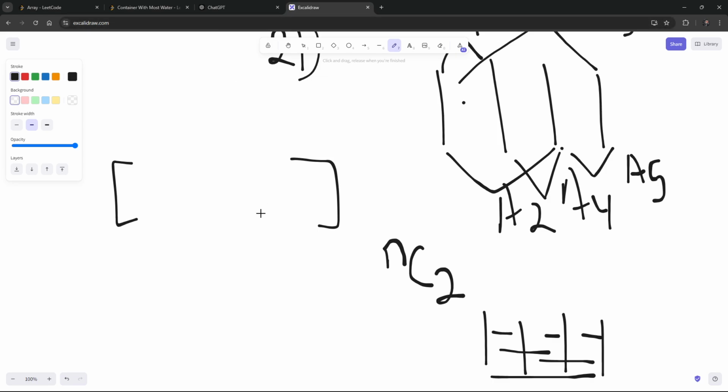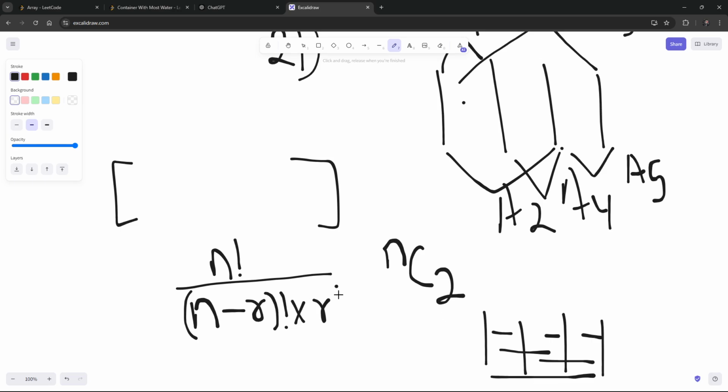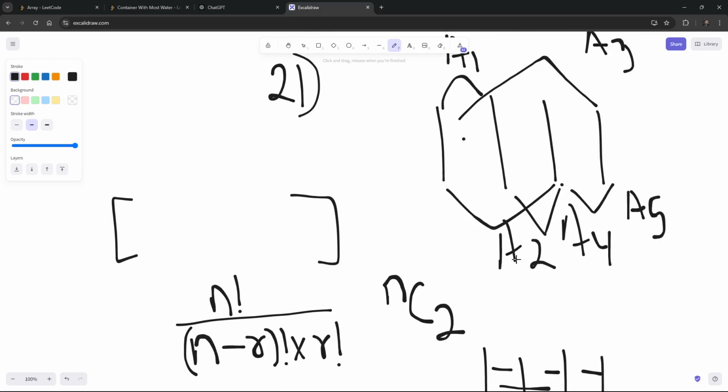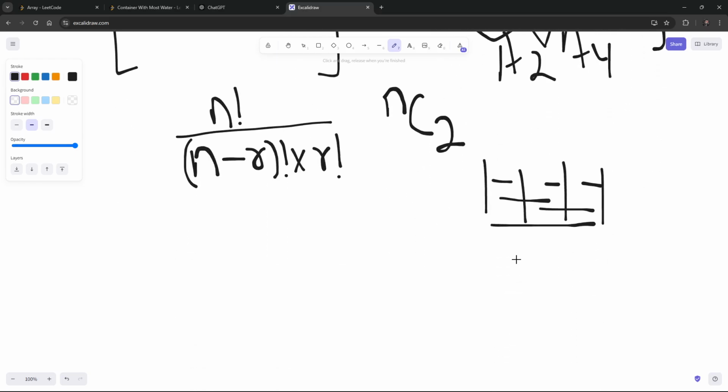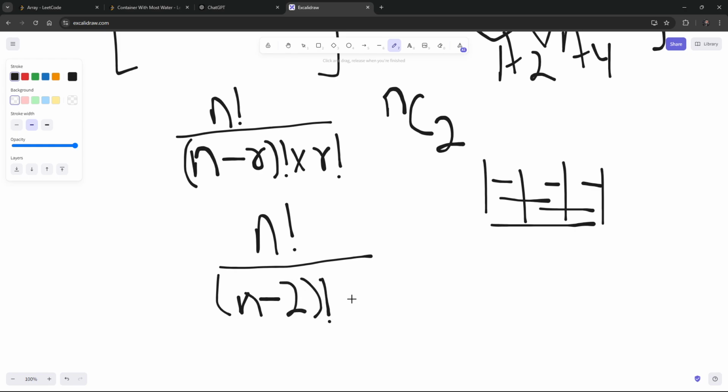Now the question is, how can I find factorial within C++? It is n factorial over (n minus r) factorial into r factorial, right? So this is n factorial. This is (n minus 2) factorial. And this is 2 factorial.